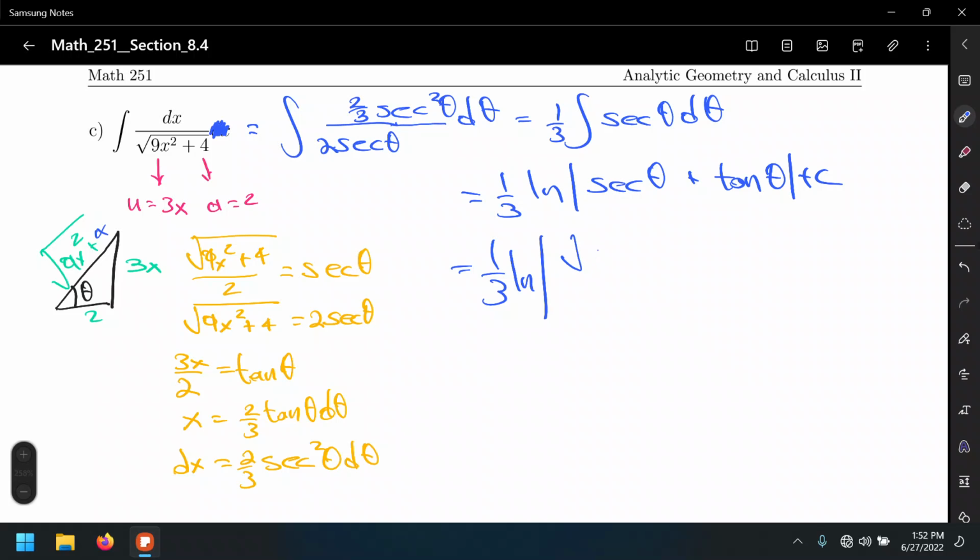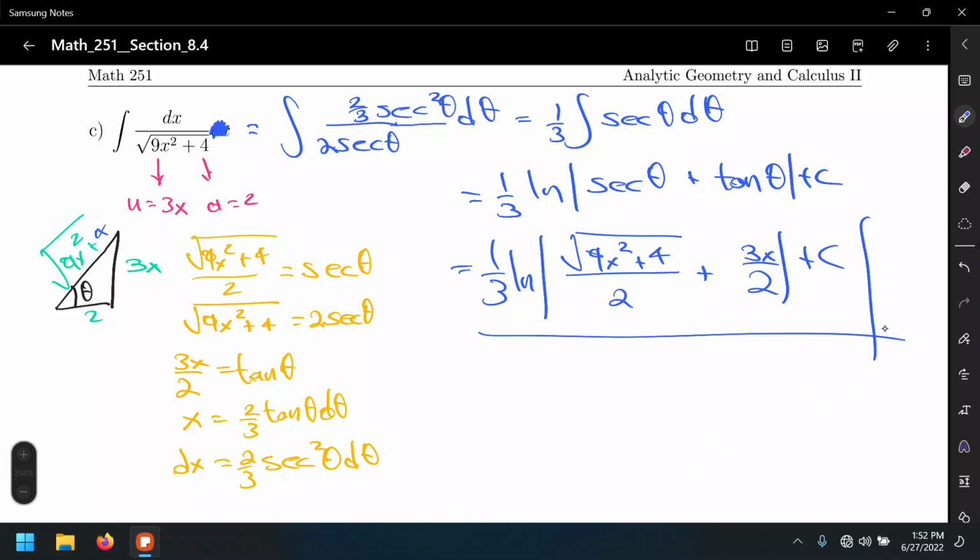That is the square root of 9x squared plus 4 over 2, plus tangent, which by SOHCAHTOA is opposite over adjacent. The opposite in this case is the 3x, and the adjacent is the 2, so that's simply 3x over 2. We're done.